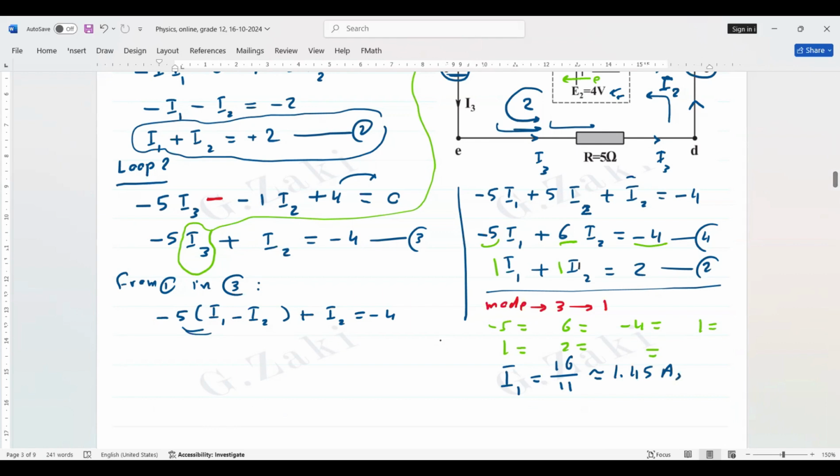This is y, the second variable, I2. It's 6 over 11, approximately 0.55 amperes. Okay, guys? Do you understand this question?